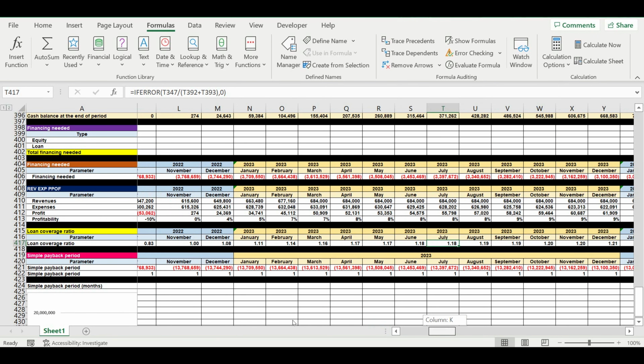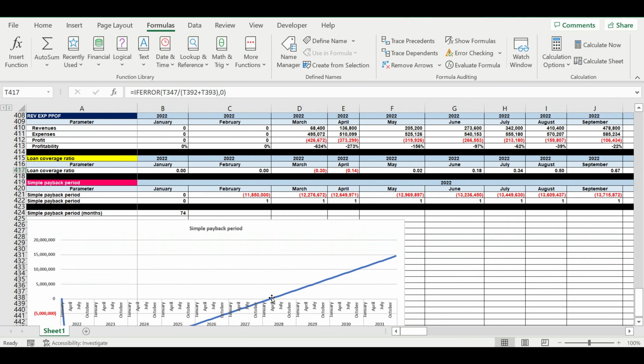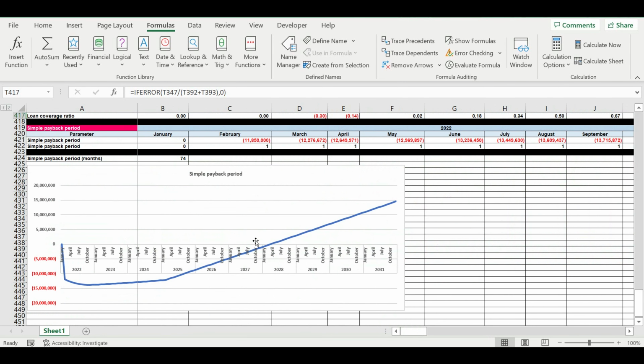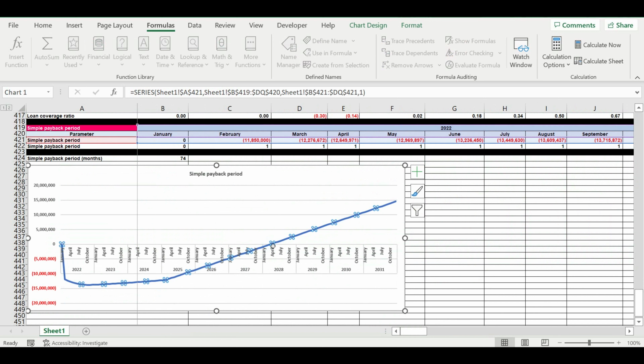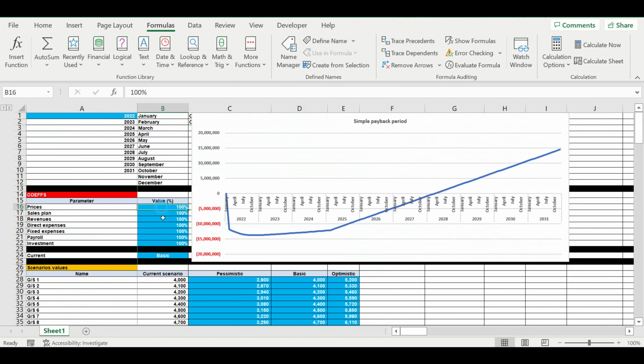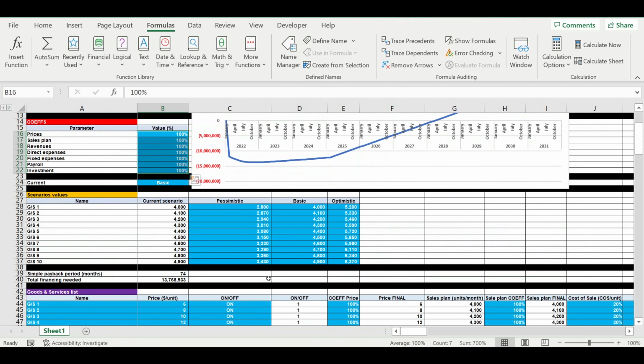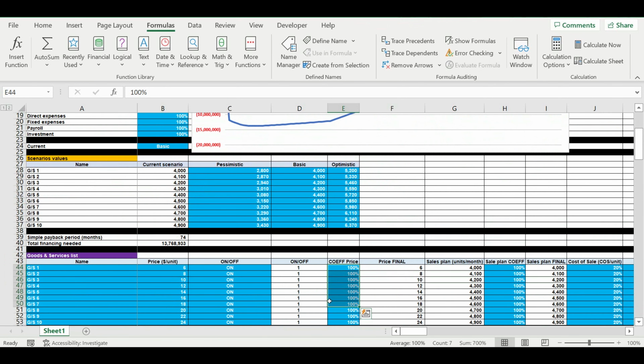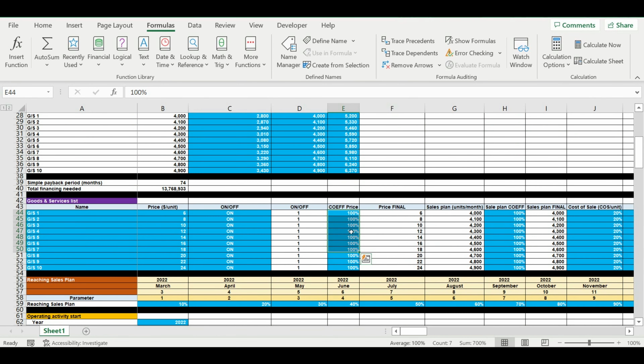And here on the bottom you also have the simple payback period to see the moment of the simple payback of your business idea. And you can go up and start playing with global coefficients. Then you can start playing with local coefficients.